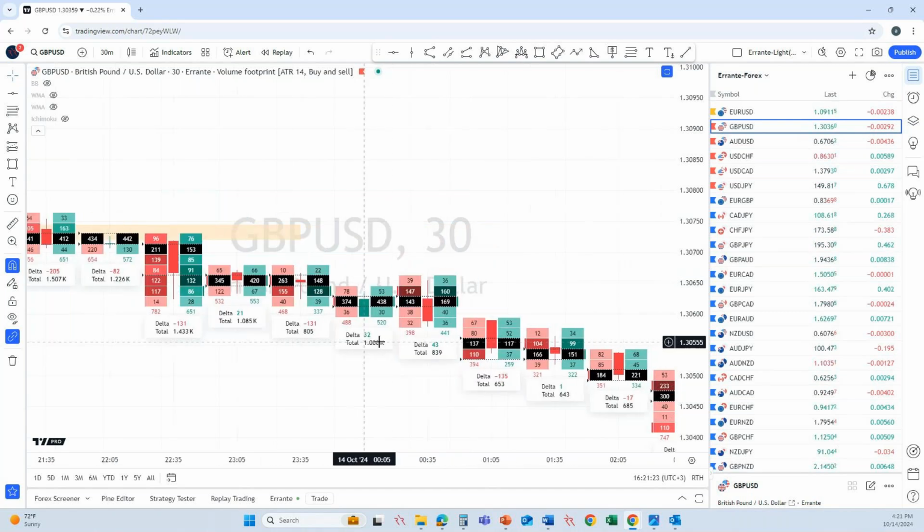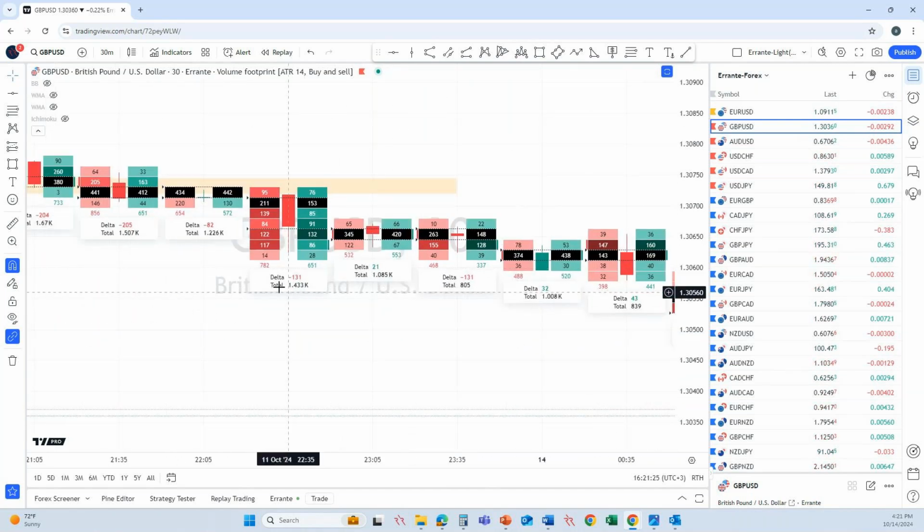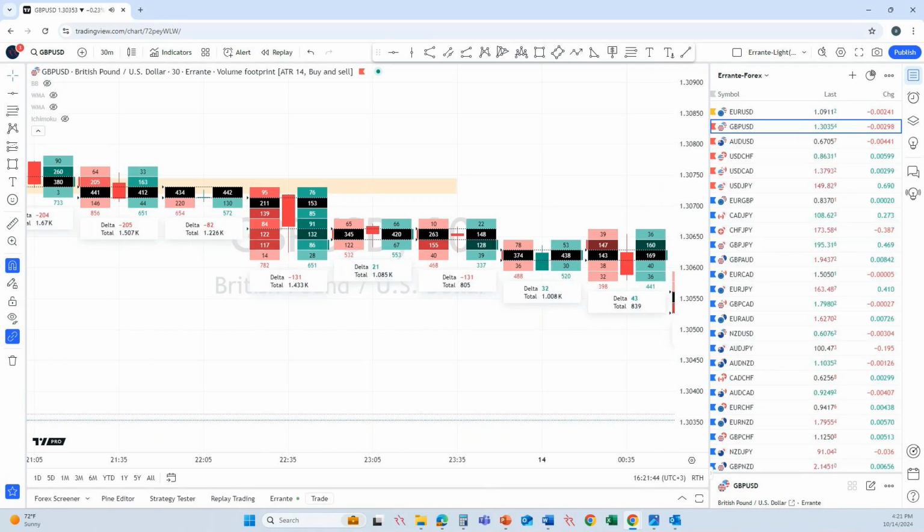And an increasing total volume means the market is very serious about getting the price down. So this volume footprint chart helps traders pinpoint specific price levels where market participants were most active, which can aid in understanding further price movements, trend strength, and also potential reversals.